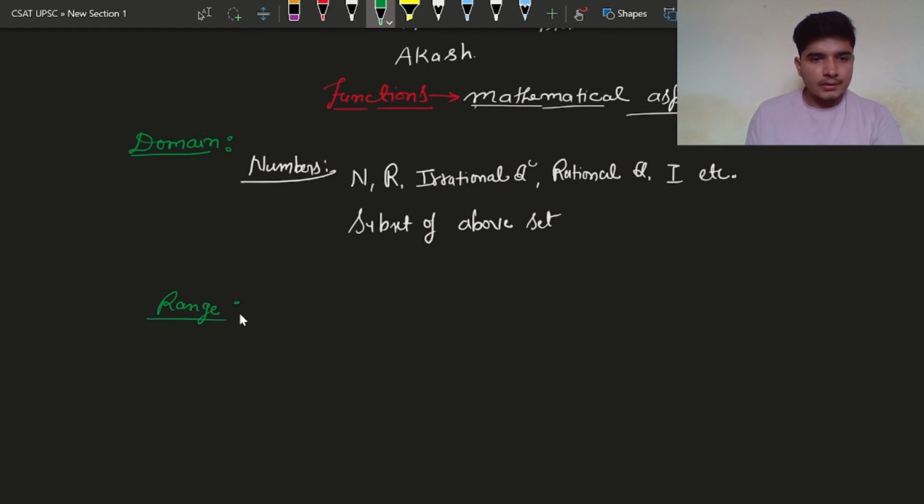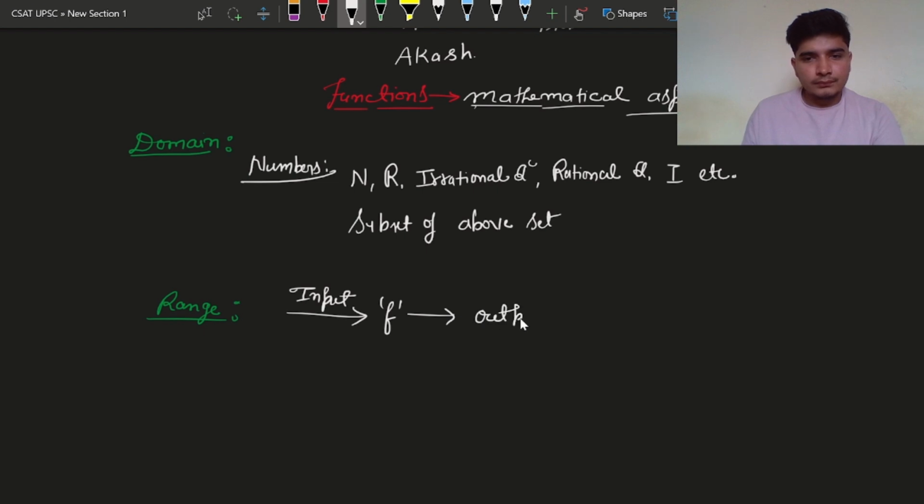I told you in the earlier section what range is. Whatever input you have given to some function f, you get an output. Suppose you have the set 1, 2, 3.